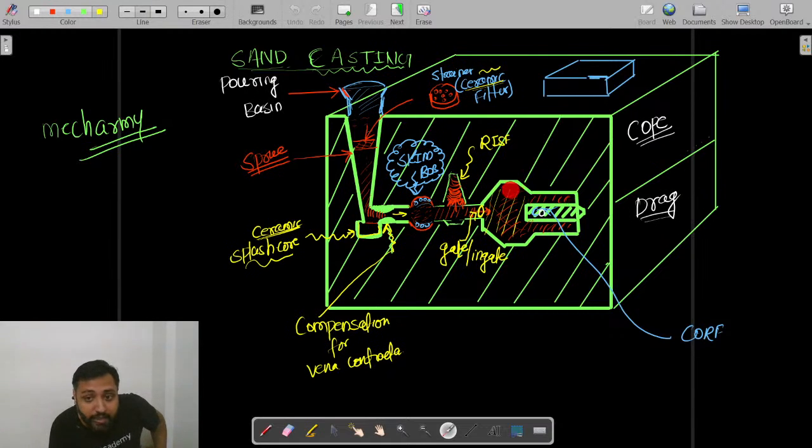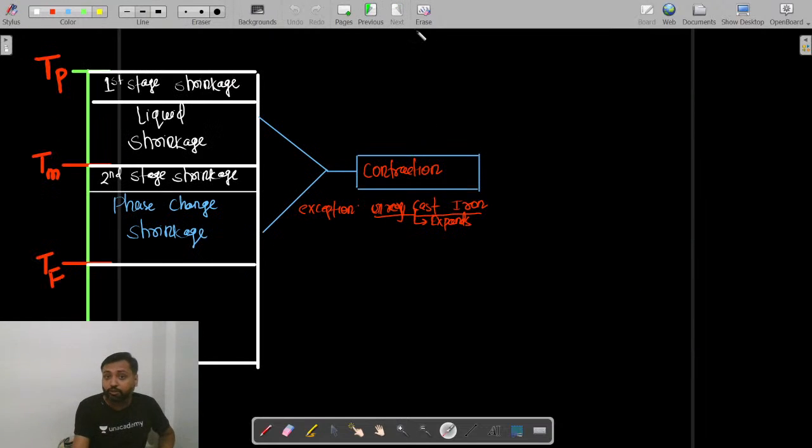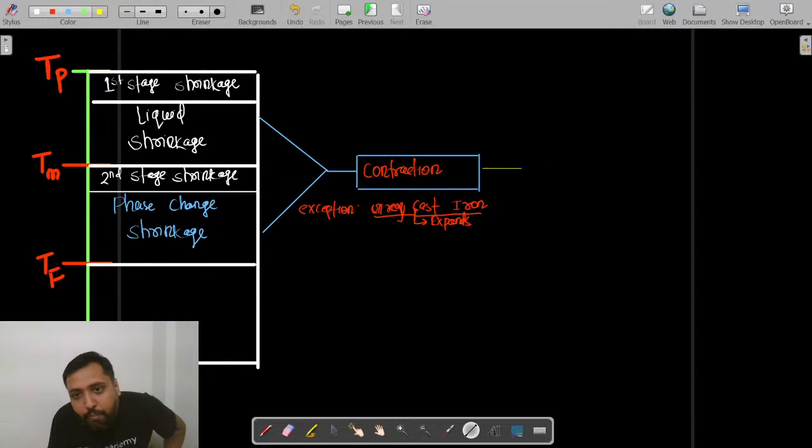So when the volume is reducing, that reduction must be compensated. How is it compensated? In the first two stages, here it is liquid, and here also liquid, but now it is changing towards solid, and at this temperature it becomes fully solid. So these first two stages of shrinkage, which are mostly contraction in nature, are compensated by what?